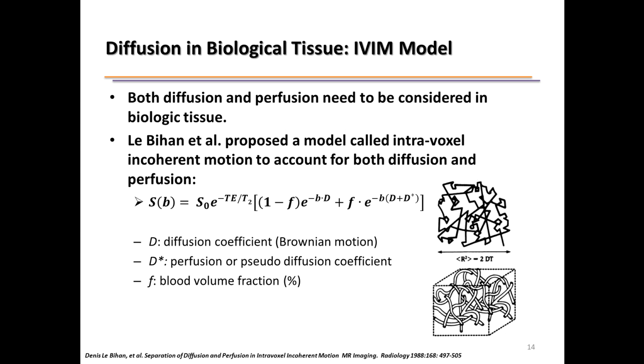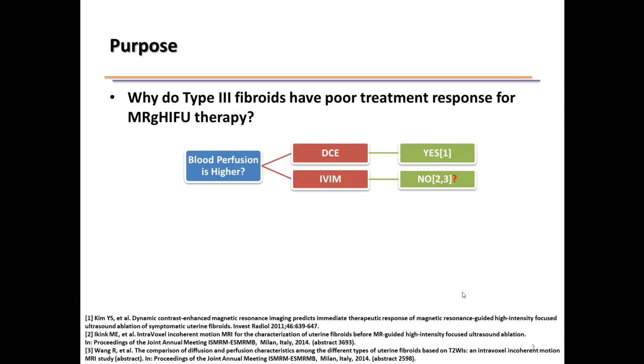However, as the DWI are collected by a spin-echo sequence, the T2 value of tissue will also contribute to the signal intensity. In the IVIM model, both the diffusion component and the perfusion component are assumed to have the same T2 value.